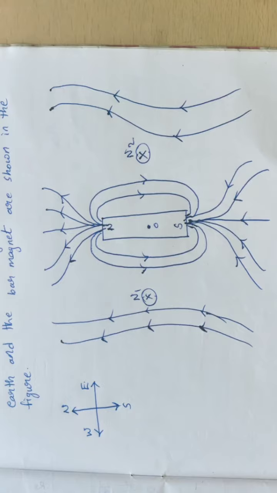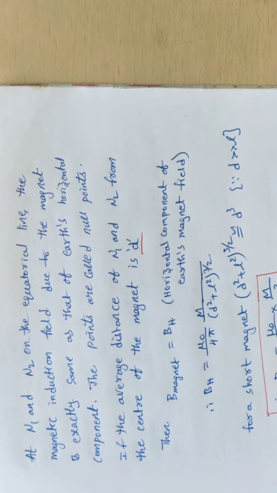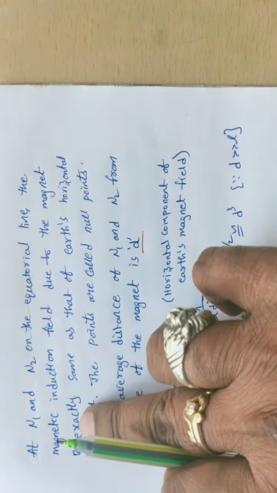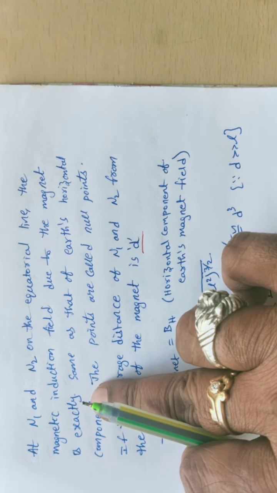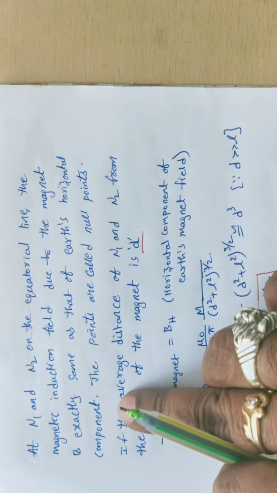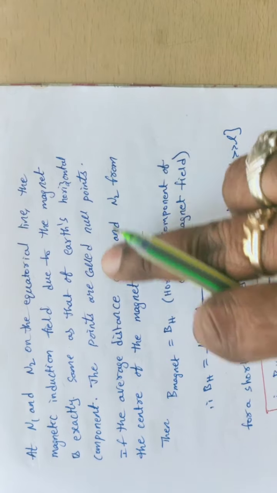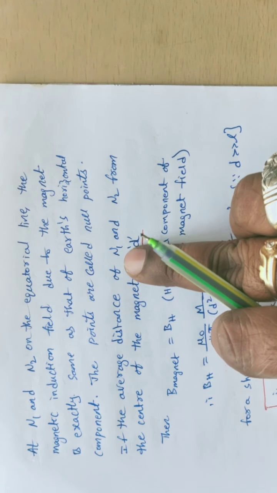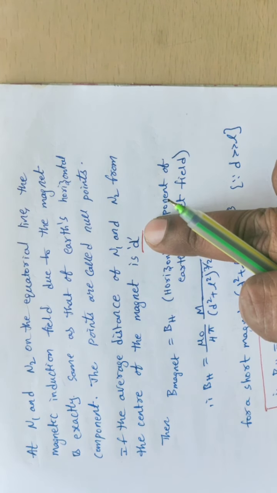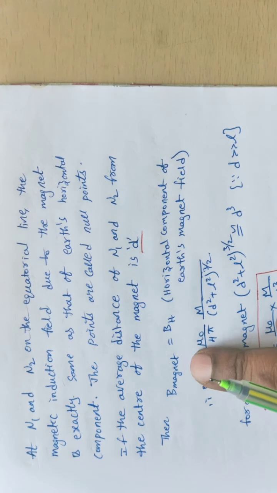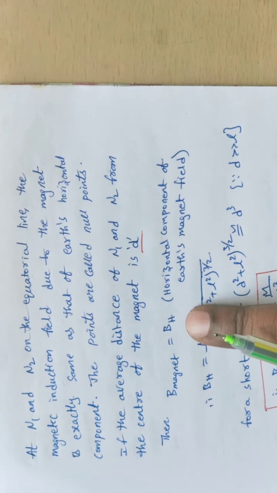Okay students. See students, here it is clearly mentioned that at N1 and N2 on the equatorial line, the magnetic induction due to the magnet is exactly the same as Earth's horizontal component. These points are called null points. If the average distance of N1 and N2 from the center of the magnet is taken as d, then B magnet is equal to BH.